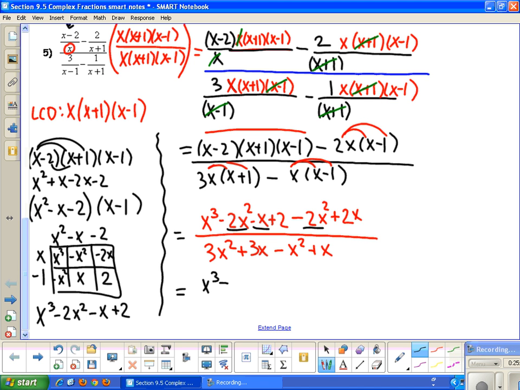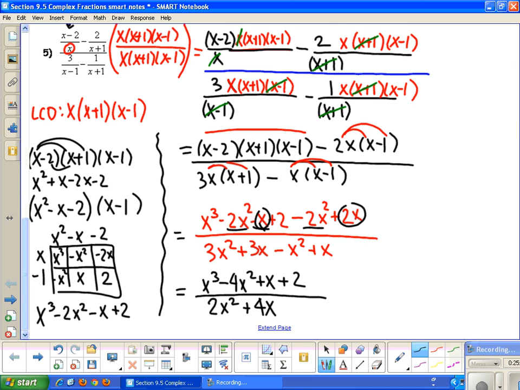So minus 4x squared, and then we have negative x and positive 2x, which is going to give me positive x, and then plus 2 over, and then in my denominator I have 3x squared minus x squared, which would give me 2x squared, and then I got 3x plus x, which would be plus 4x.